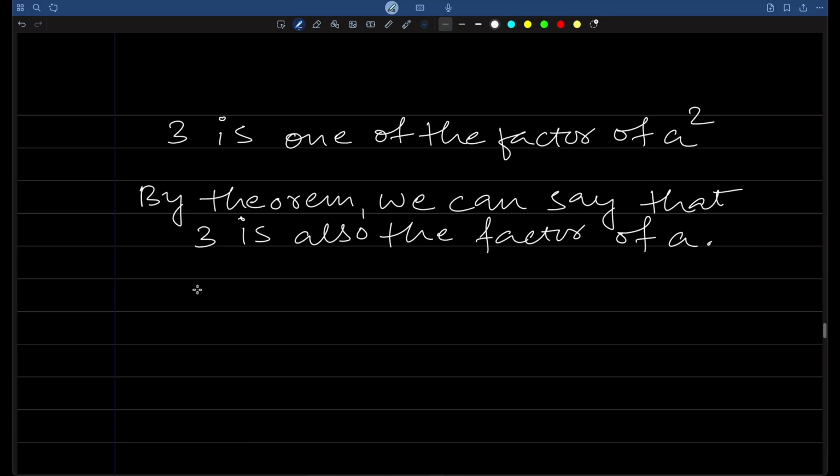Now because 3 is a factor of a, I can write a equals 3 into some other constant, let's say C, where C is an integer.